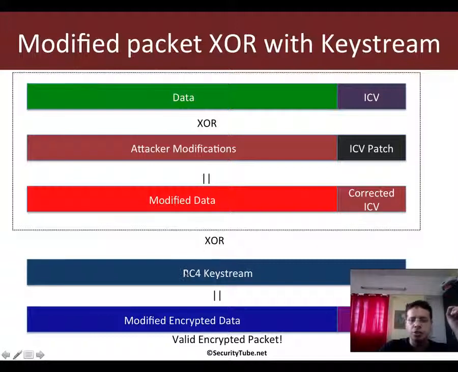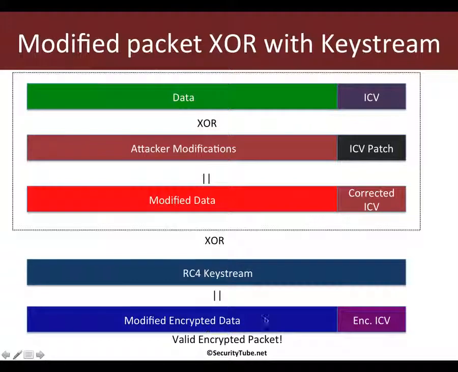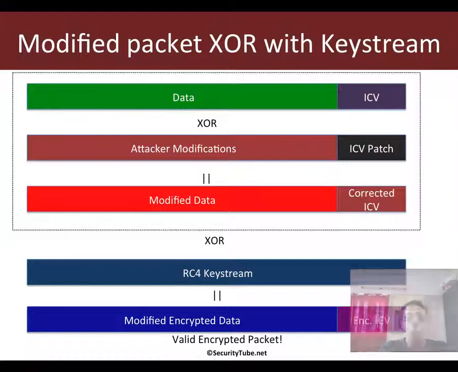Now when you XOR this with the RC4 keystream, which is also a valid keystream, what we get is a modified encrypted data along with an encrypted ICV which corresponds to this data, and hence we have a valid encrypted packet, right? So I hope this part is clear.